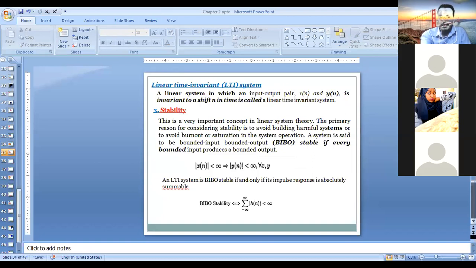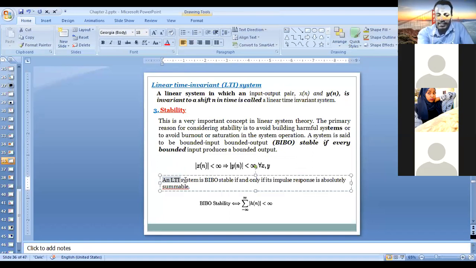If you apply a bounded input and the output increases without any limit, the system is not stable. For a system to be stable, if you apply a limited input, the output must also have limited amplitude.